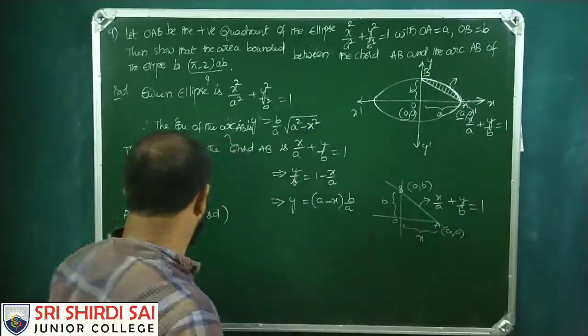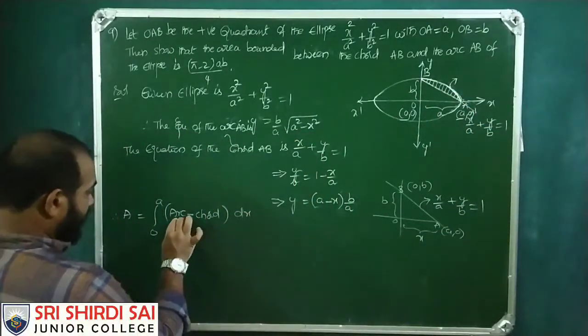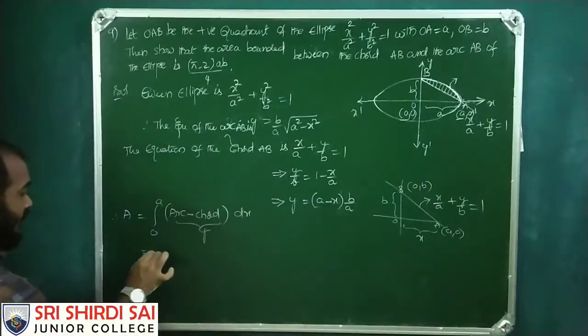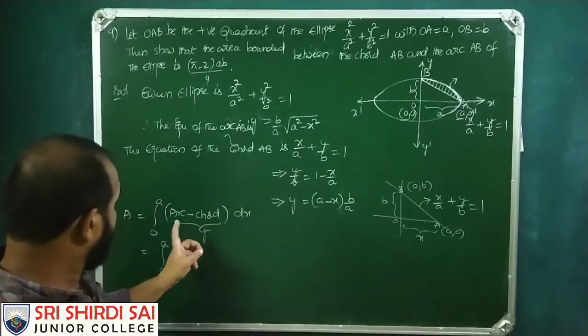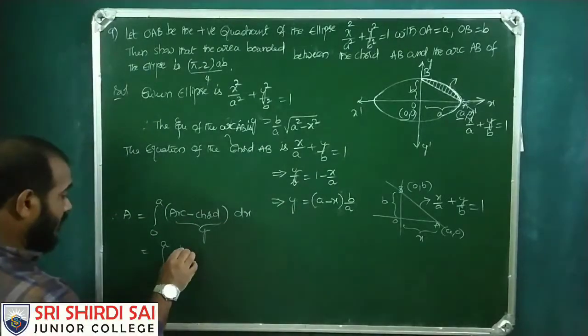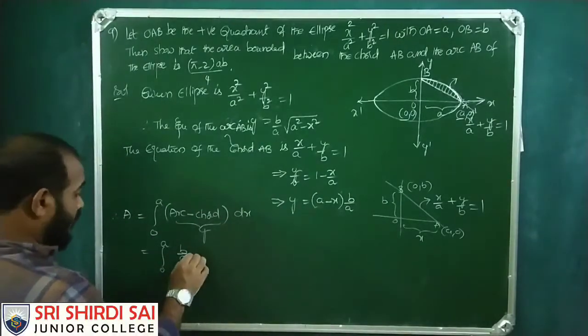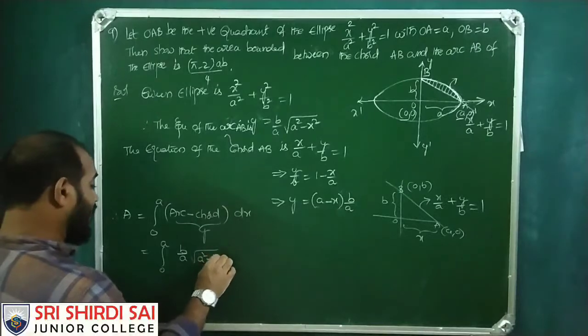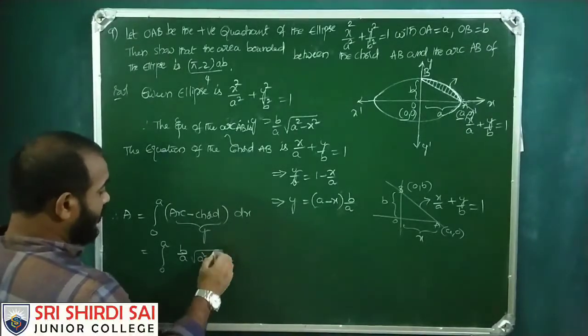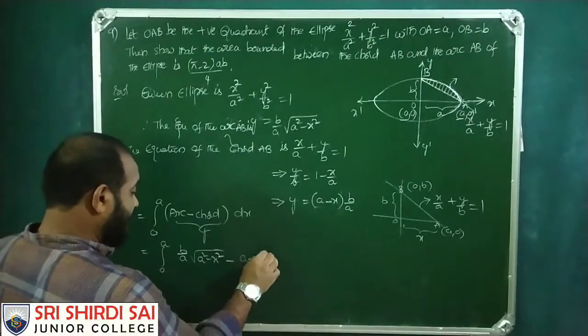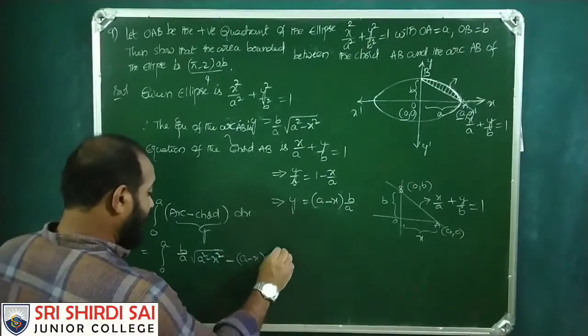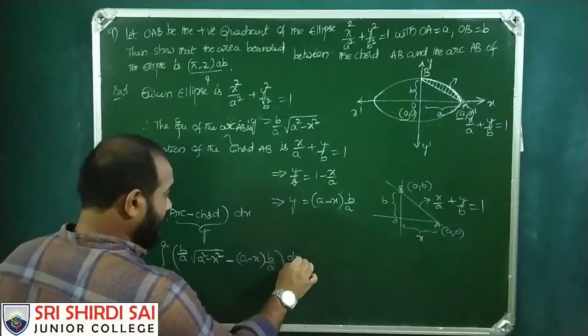What is the arc? b by a into square root of a square minus x square, minus the chord, which is (a minus x) into b by a, whole dx.